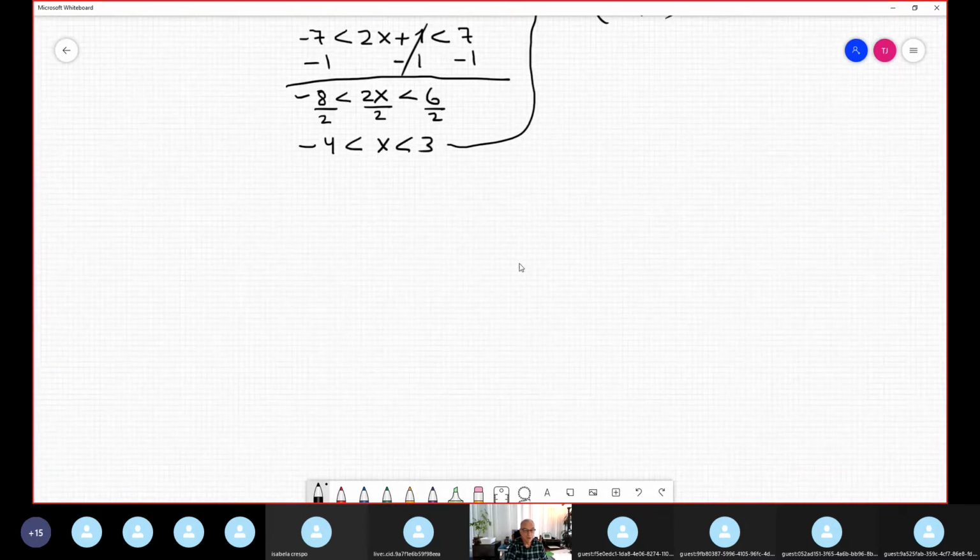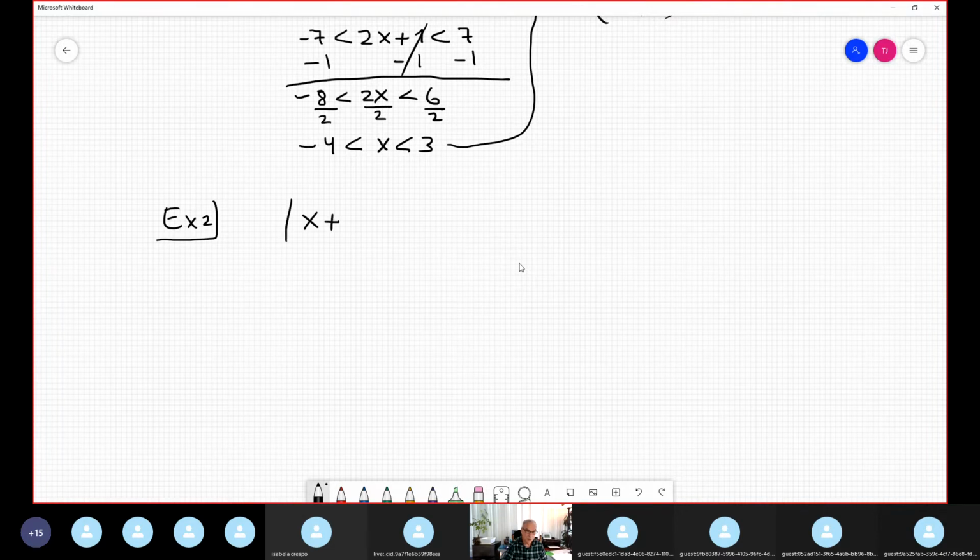Let's do another example. Example 2 is absolute value of x plus 5, minus 2, less than 12. Well, this is similar, no? It's the less than case. So when you finish this problem, we expect one interval, not two intervals, only one. But what should I do first? Isolate the absolute value expression: less than 12 plus 2, that is 14.